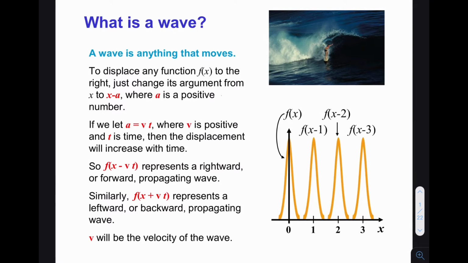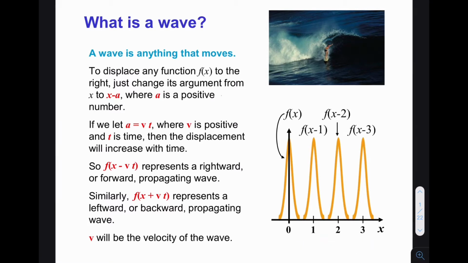Now if we change this a to something like v times t, where v is a positive number and t is time, then with the increase of time the value of a will change, and the plot of f(x minus a) will start to move in the rightward direction.